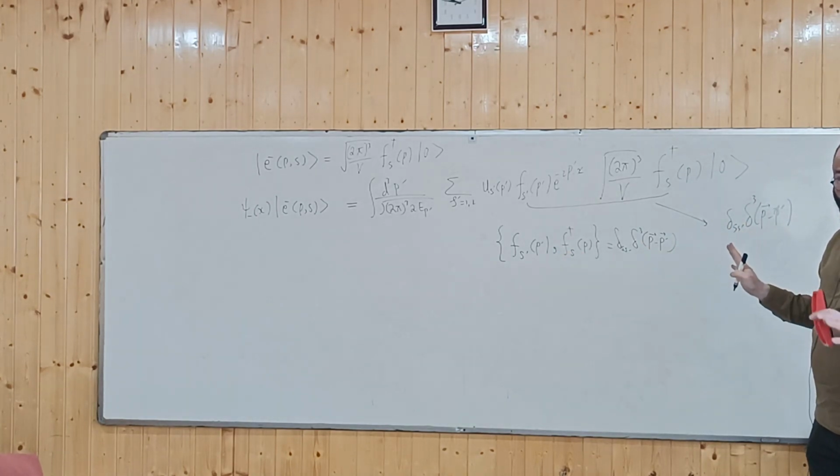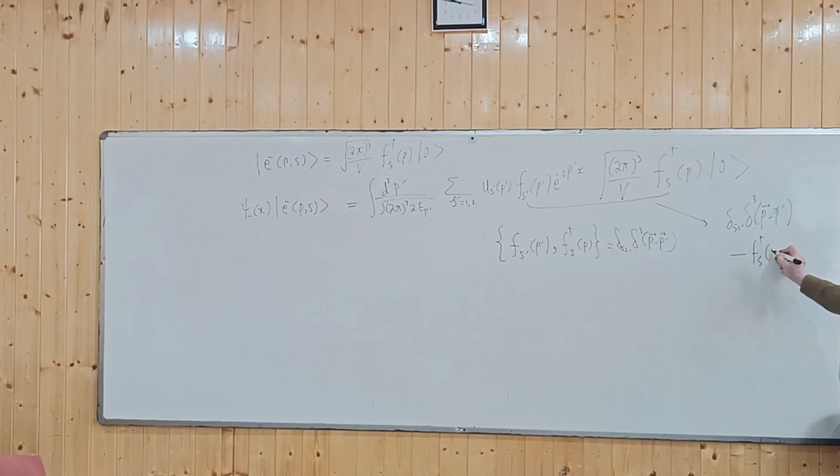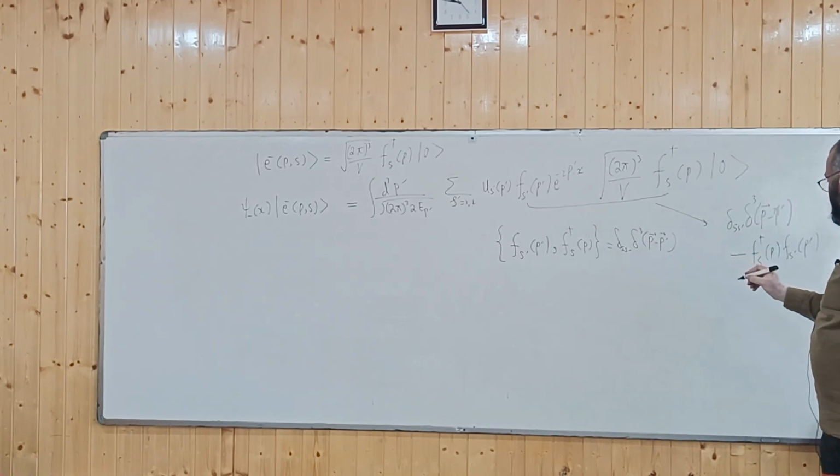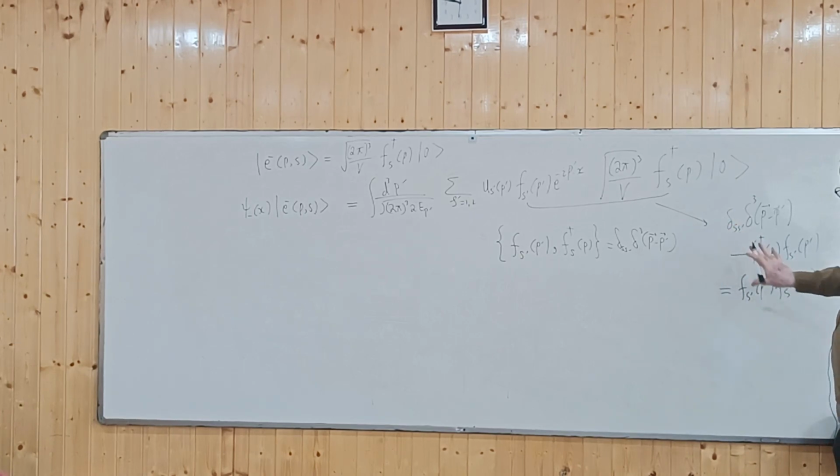So it will be minus f dagger s of p, f s prime of p prime. Clear? So in other words, this is equal to simply f s prime p prime, f dagger s. So this f dagger is like this.